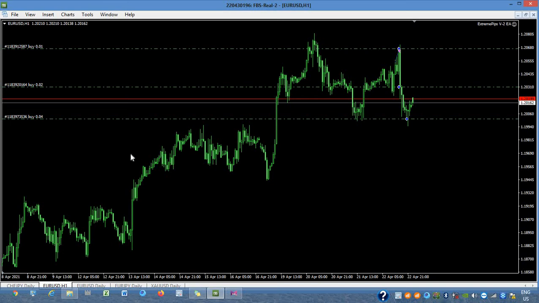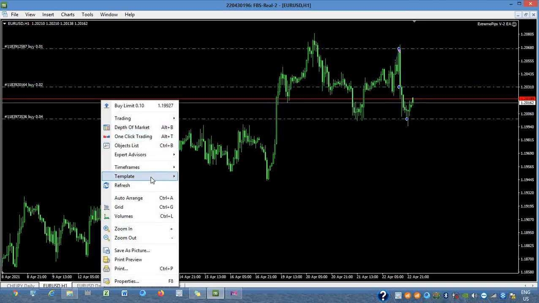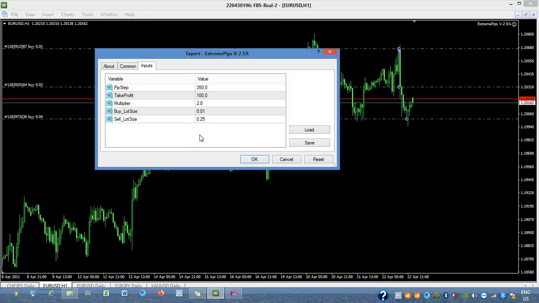So guys, as you can see, I changed my sell lot size to a big lot size. You know why? As you can see here, 0.25. My base lot for buy martingale is 0.01.